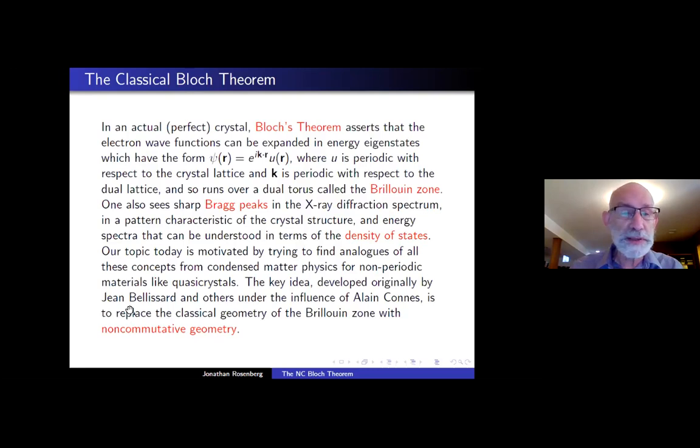I think it's fair to say that the main developers of this subject were Jean Bellissard and ultimately Alain Connes, who introduced the idea of non-commutative geometry and how it could be applied to problems like this. So the idea is to replace the classical geometry of the Brillouin zone, which in the classical case is something like a torus, with non-commutative geometry. In the simplest examples, what you get is a non-commutative torus, and you can get more complicated examples also.